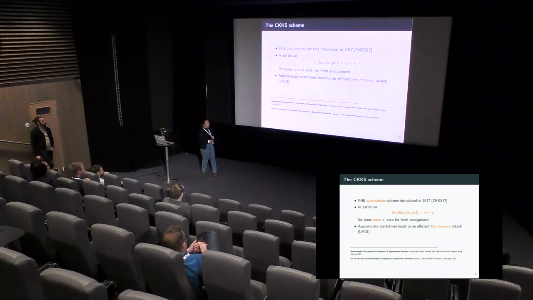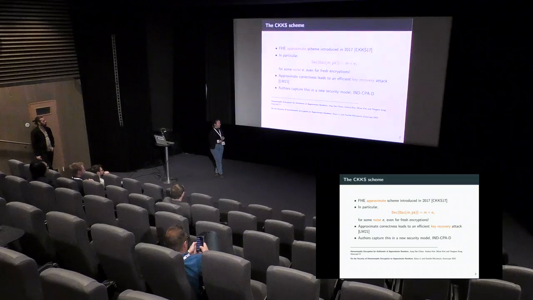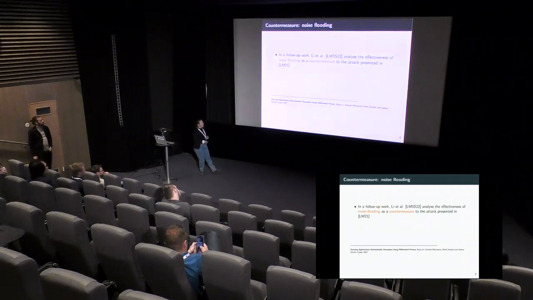The reason for this is that this noise has some information about the secret, about the secret LWE vector. In this LM21 paper, the authors captured this insecurity notion in a model called IND-CPA-D.